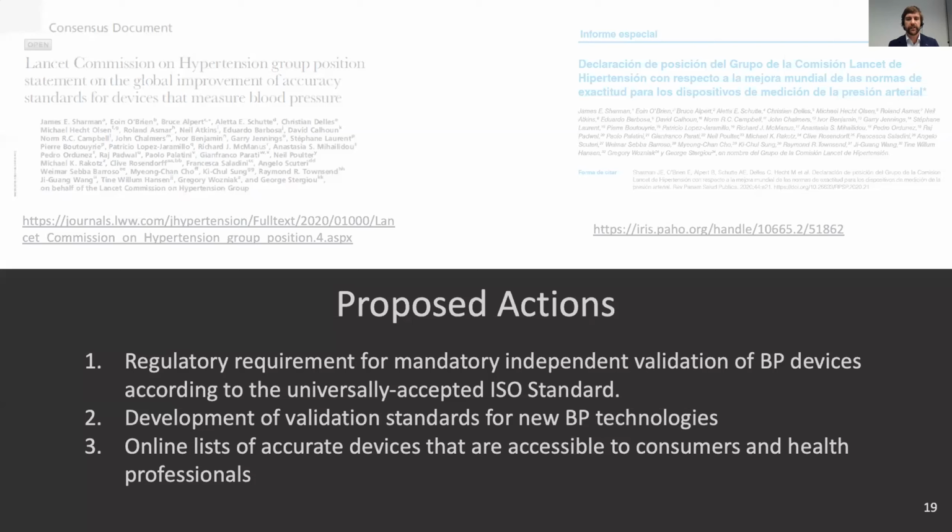Development of validation standards for new blood pressure technology. So this is things like wrist cuff or wrist-based wearables, which are new emerging technologies. And finally, online lists of accurate devices that are accessible to consumers and health professionals. So I'm really going to focus on this third point for the rest of the talk. Next slide, please.